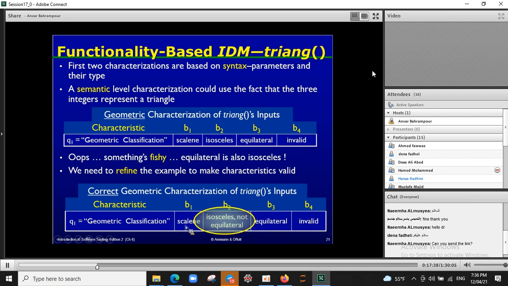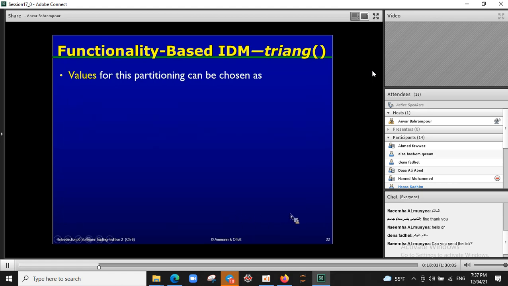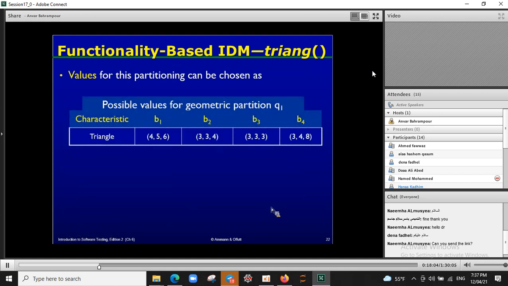We refine this partition by geometric classification as these partitions. Again, we have scalene triangles as block B1, and the second class is isosceles triangles, all isosceles triangles but not equilateral triangles, as block B2, equilateral triangles as block B3, and invalid triangles as block B4.